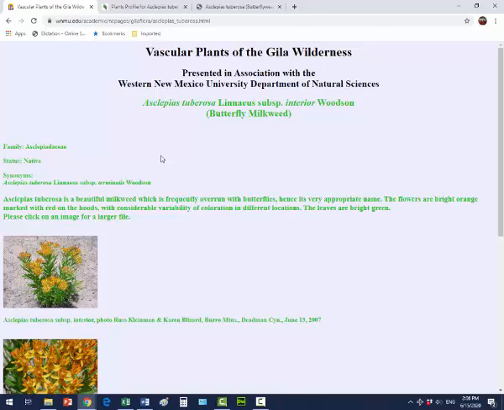I'm going back to the Gila flora, and I want to show you something that you'll see from time to time. So here's Asclepias tuberosa. This happens to be the subspecies interior. Russ Kleinman put this together using only one common name, the most common name for that species in our area.